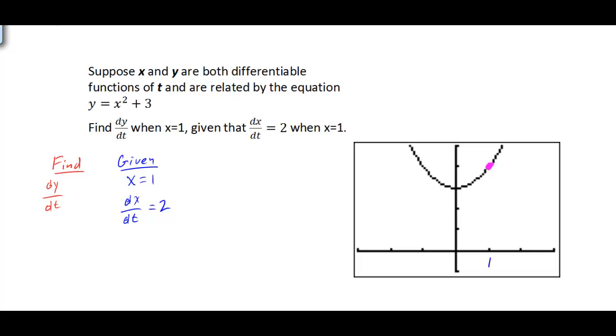So if this is representing our dx dt, where this is equal to 2, we want to know how much this particle is changing here, dy dt.